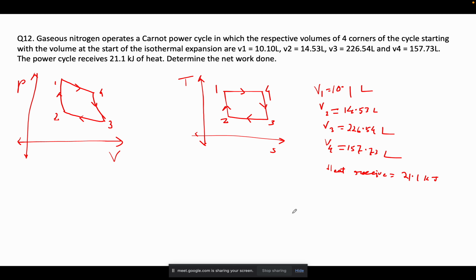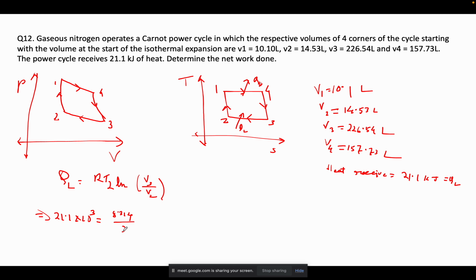Then what we know is the heat received equals m R T2 ln V3 by V2, which we have already done in previous sums. So 21.1 into 10 to the power 3.